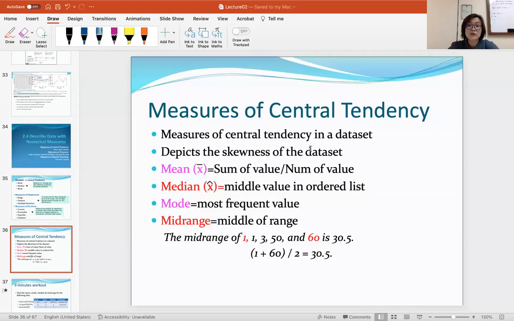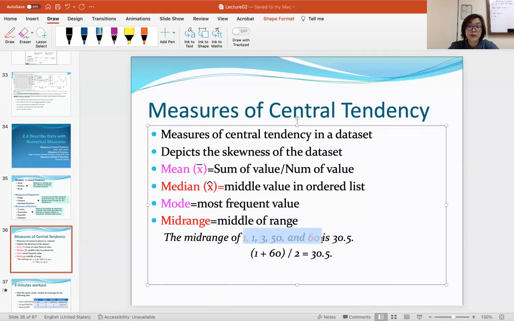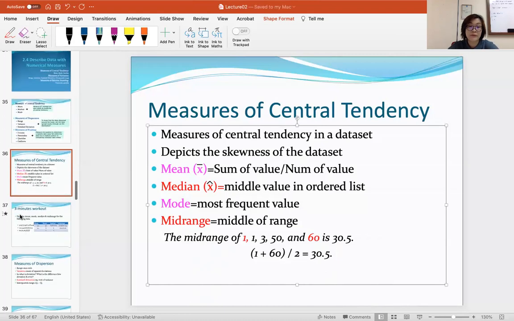Mode is the most frequent value. Mid-range is the middle of the range. So for example, given a bunch of numbers, to get the mid-range I find the maximum and the minimum and divide the sum by 2. That's mid-range.